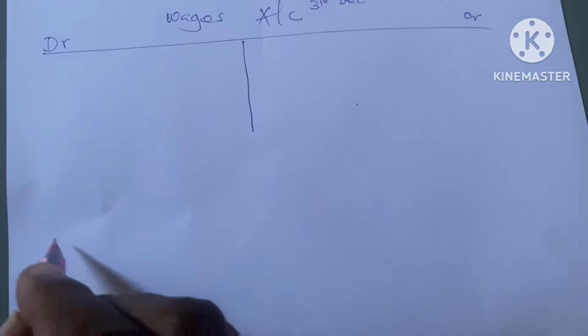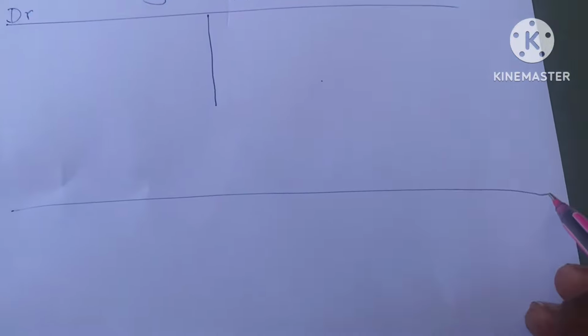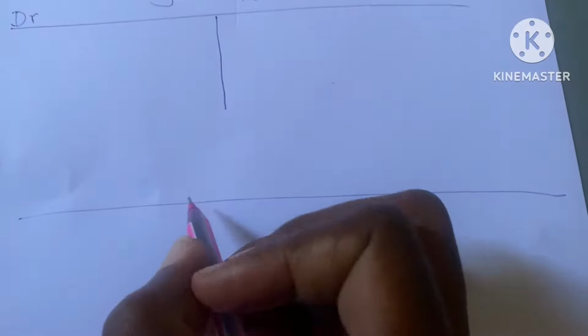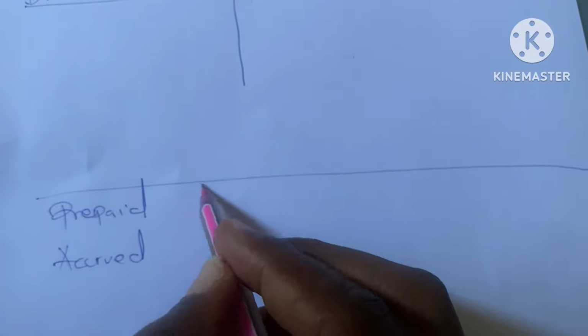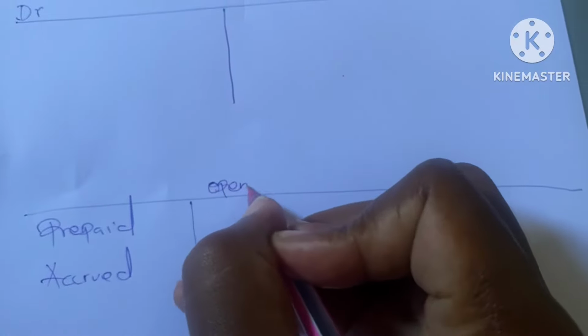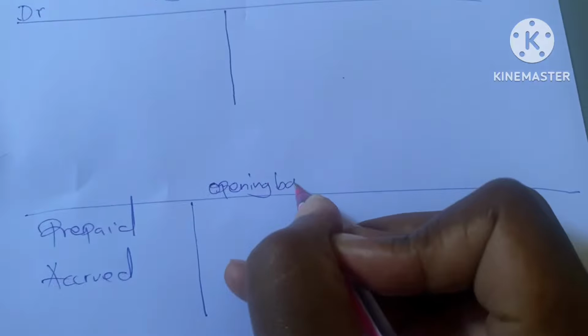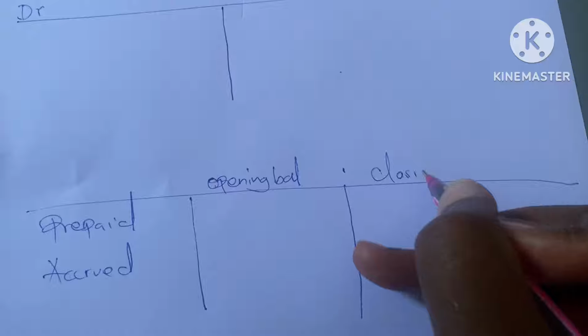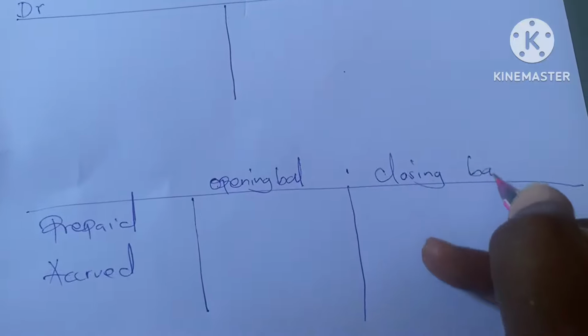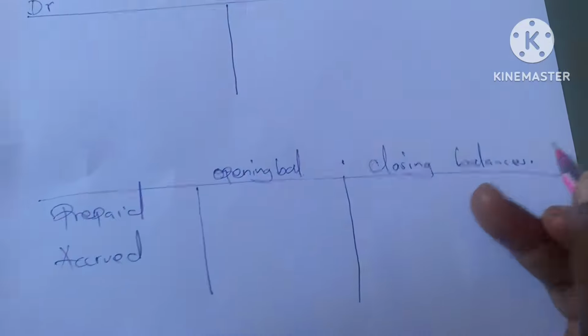So let's first simplify this. When it comes to expenses accounts, these things will help you to understand them very well. The expenses can be prepaid, and then we also have the accrued ones that are not paid. So prepaid and then accrued. The opening balances, then the closing balances.